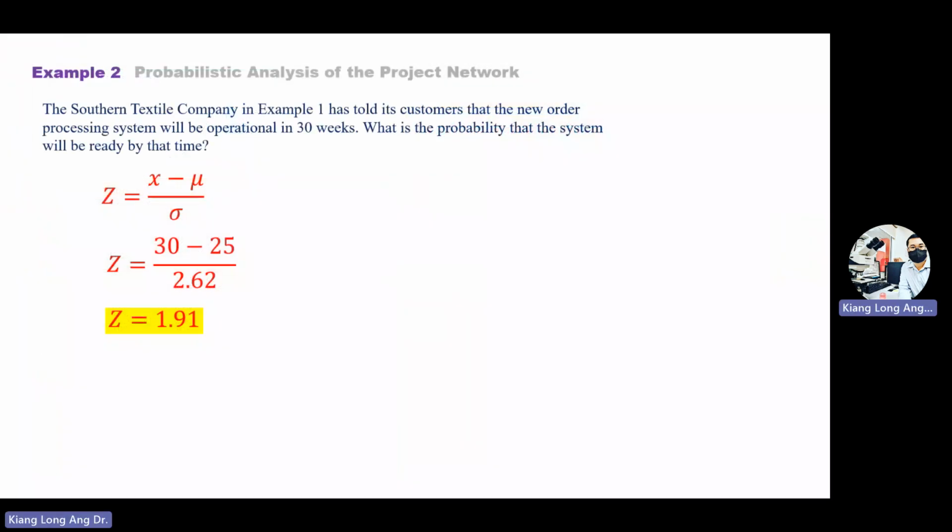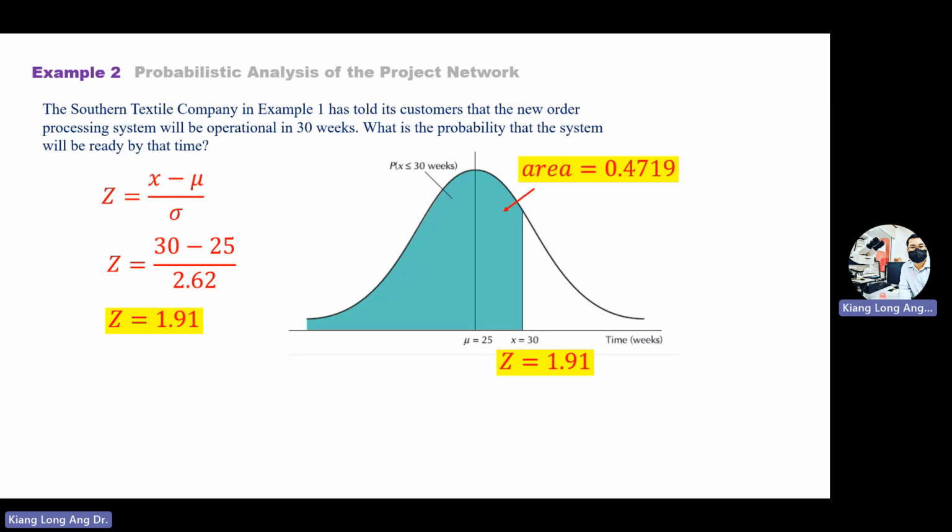Okay, so you get your Z value 1.91, and then you get an area of 0.4719. 0.4719 means 47% of this curve, this side. Another side, another 50%. So your X value is here, 30 weeks, what you promise the customer.